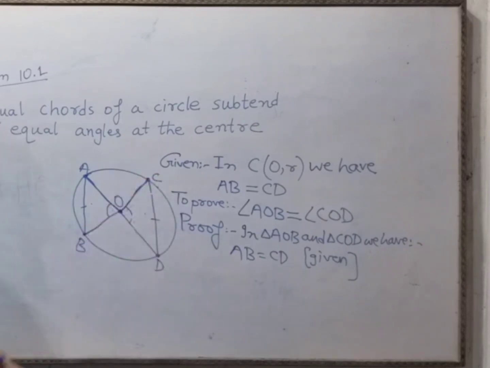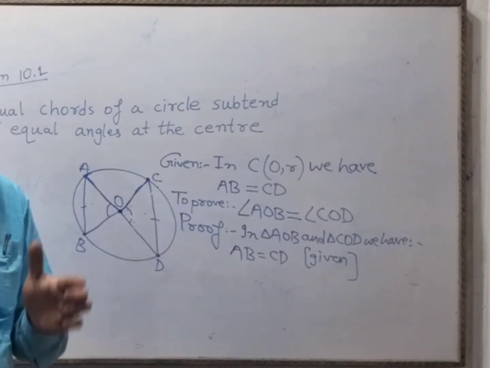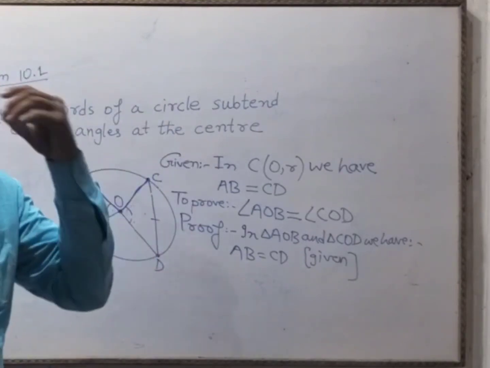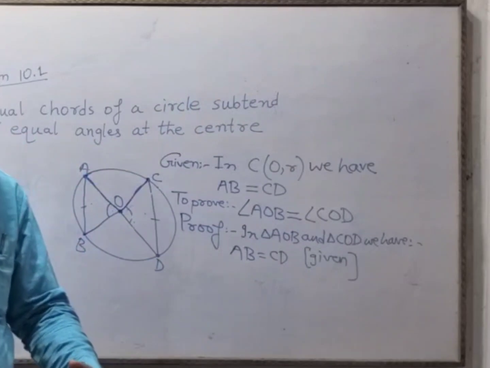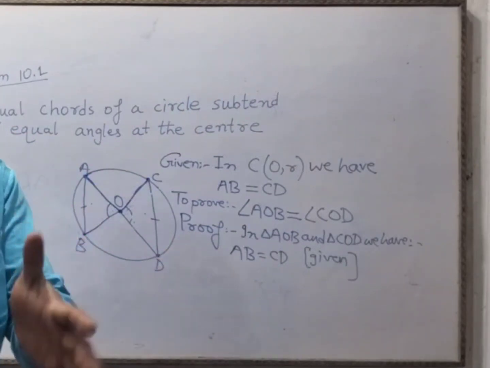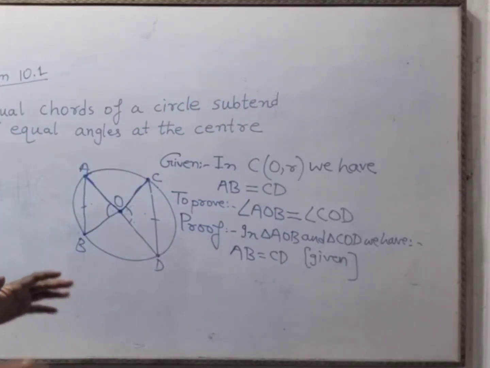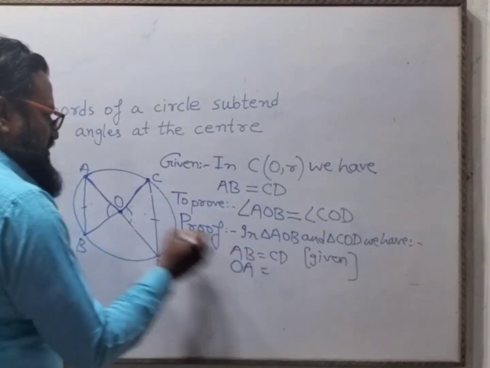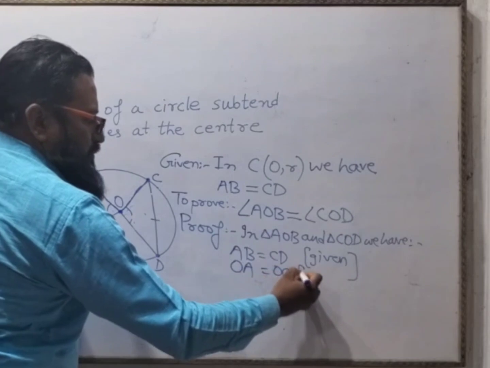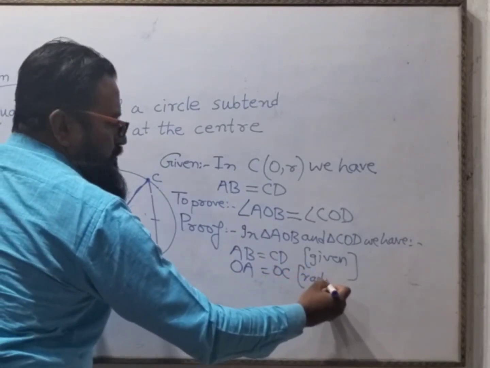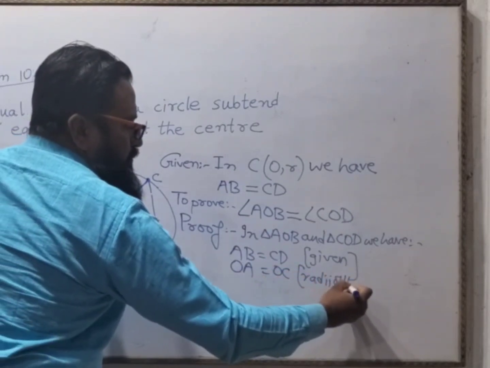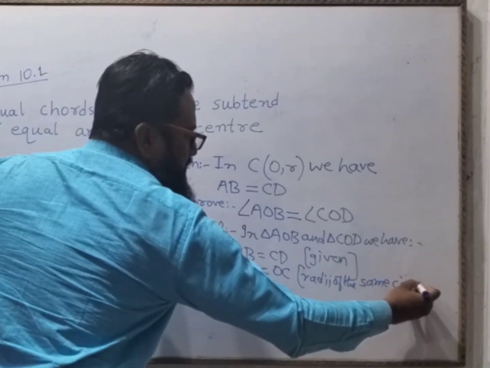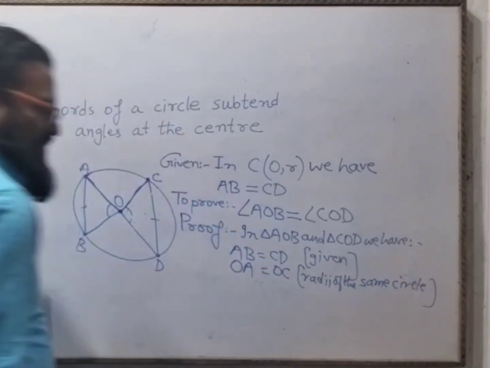This is also a radius. And the radii of the same circle, if we draw thousands of radii in a circle, then all of the radii will be equal. Understand? So OA will be equal to OC. Why? Radii of the same circle. Okay.